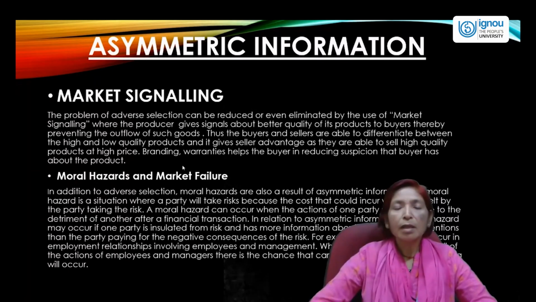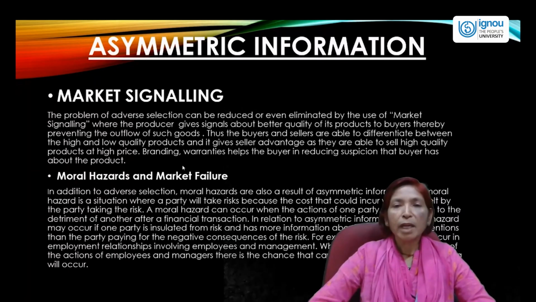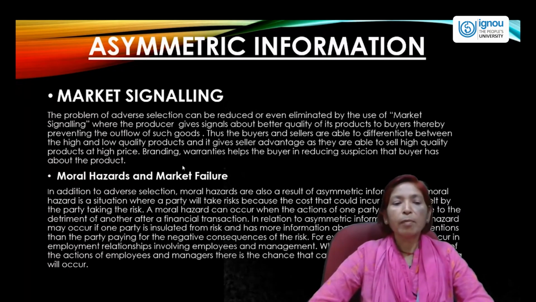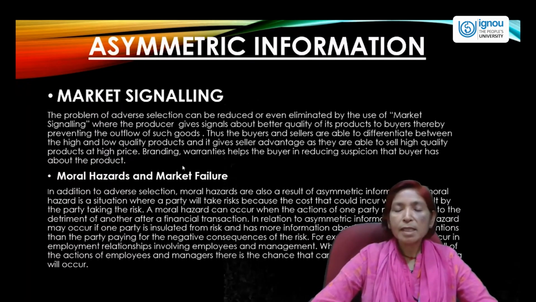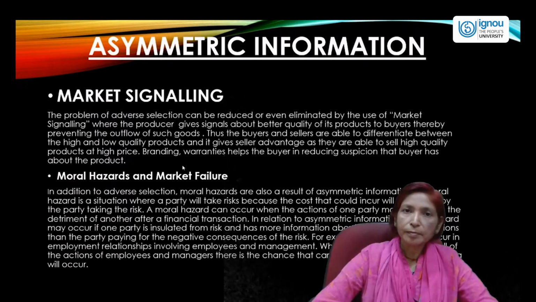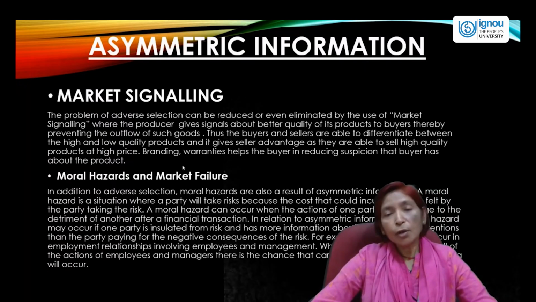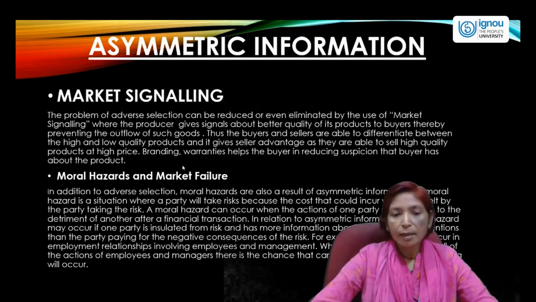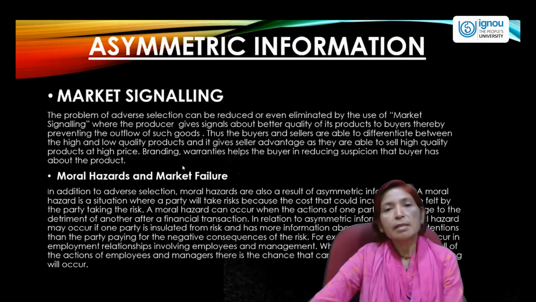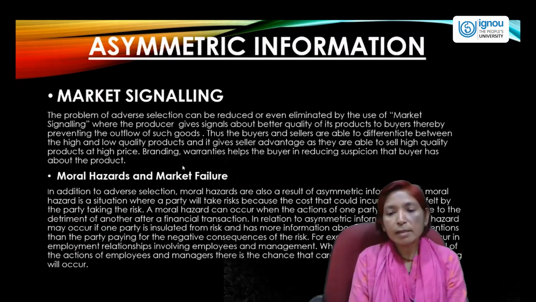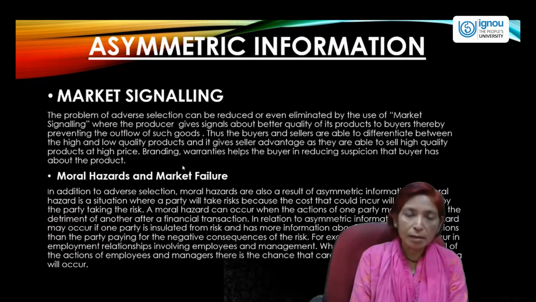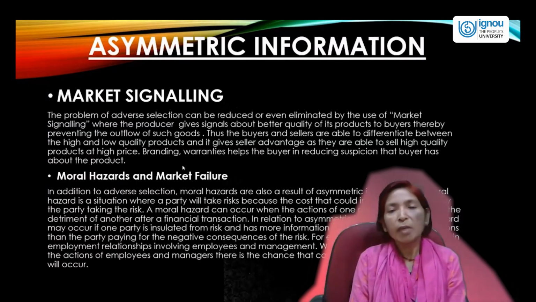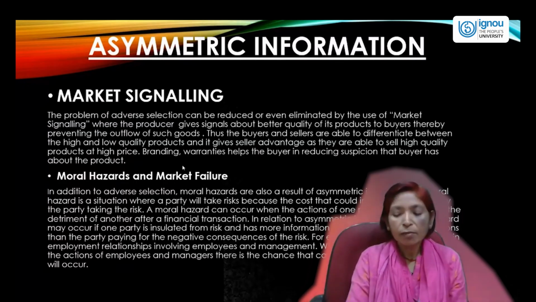For example, the moral hazard problem mainly occurs in employment relationships involving employees and management. When a firm can't observe all of the actions of the employees and managers, there is a chance that careless and selfish decision making will occur, and it is also a main cause of market failure.